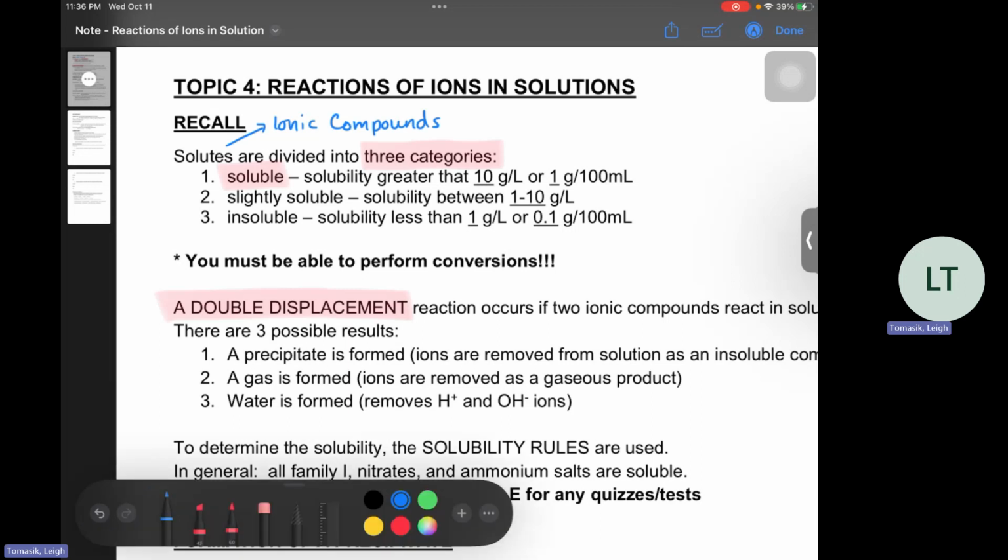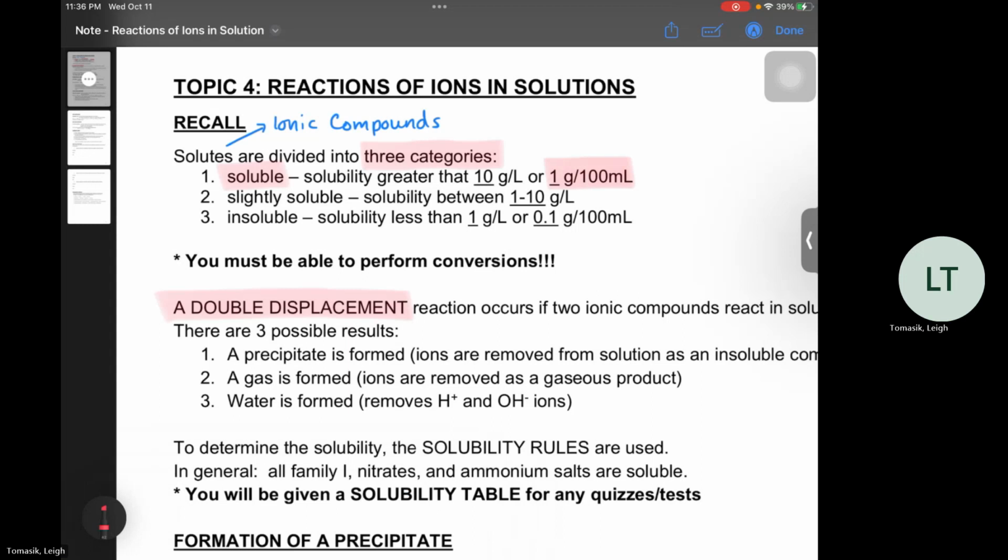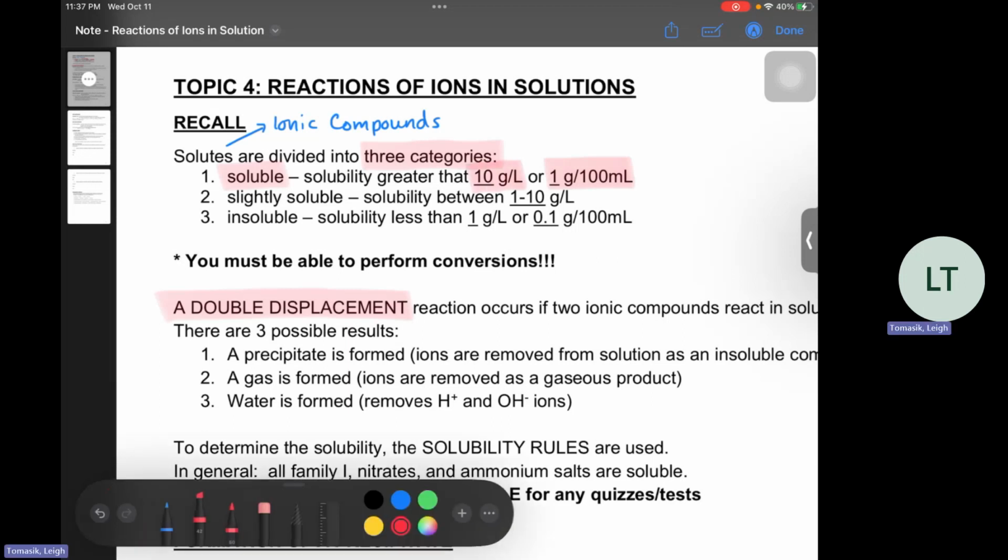If it is soluble, that means you can dissolve more than 1 gram of it per 100 milliliters, or 10 grams per liter. Let's show you that that works.